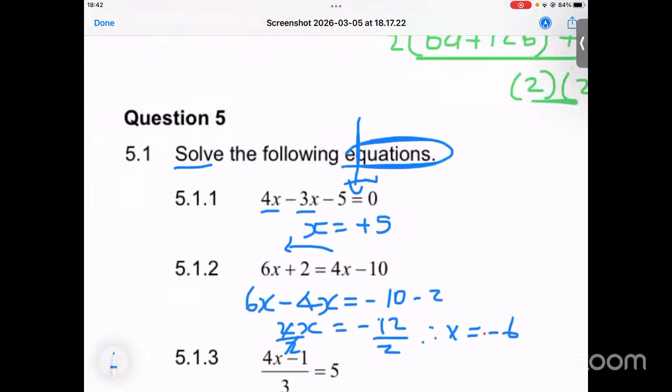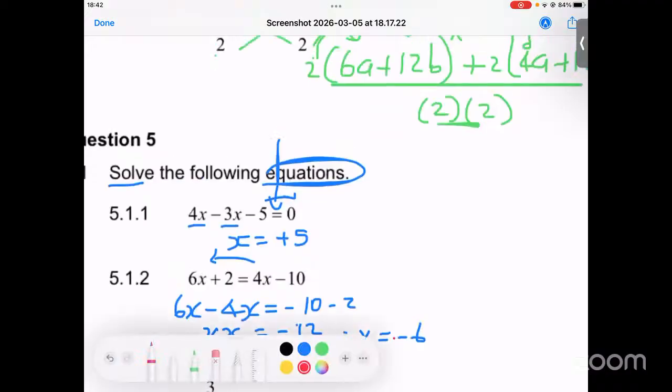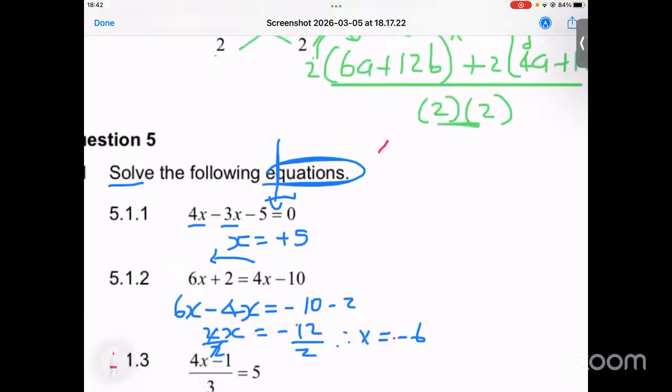Okay, here's another one whereby you are having a fraction there. Remember what I said regarding the fractions? I said also force the other one on the other side to be a fraction where you just divide it by 1. Then if it's an equation, you just cross multiply, meaning that multiplies with that with that.